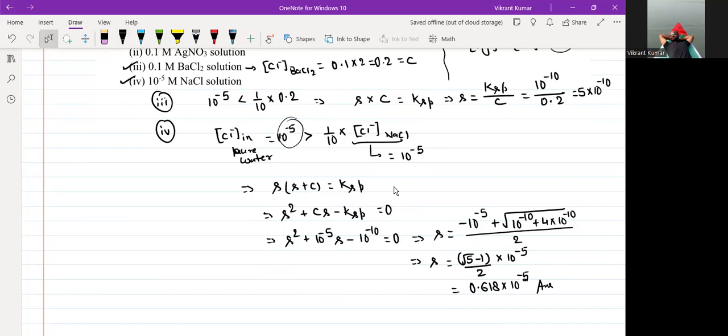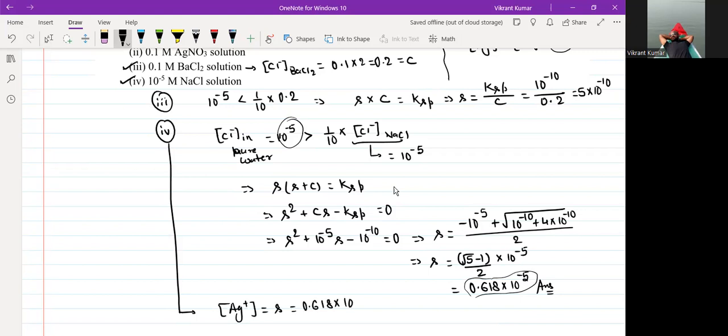This is the answer. And now if you can see that this is not 1/10, say less of 10 raised to minus 5, it is 62% of that, and that's why we can't ignore it. है ना, S को C के सामने ignore नहीं कर सकते. Is it okay? Now, if it is asking you in fourth case to calculate the total concentration of Cl minus, if it is asking Ag plus, then we'll write it was S only, which is 0.618 into 10 raised to minus 5.